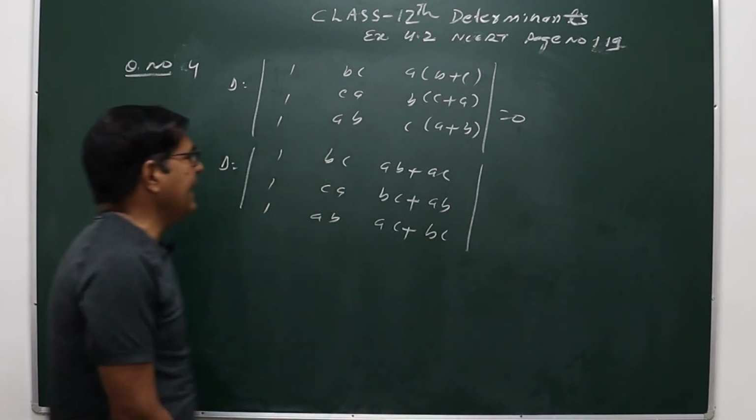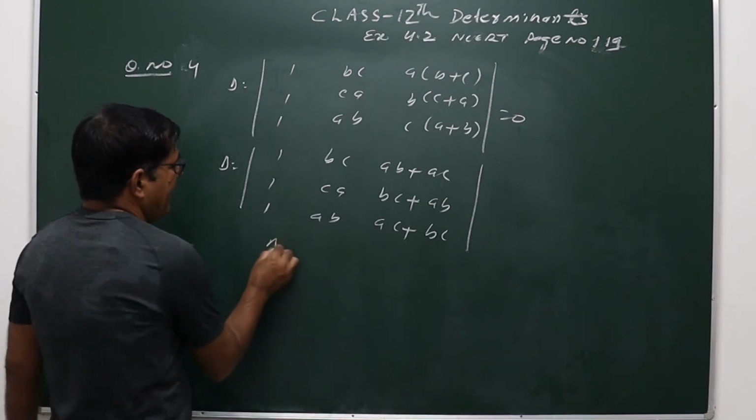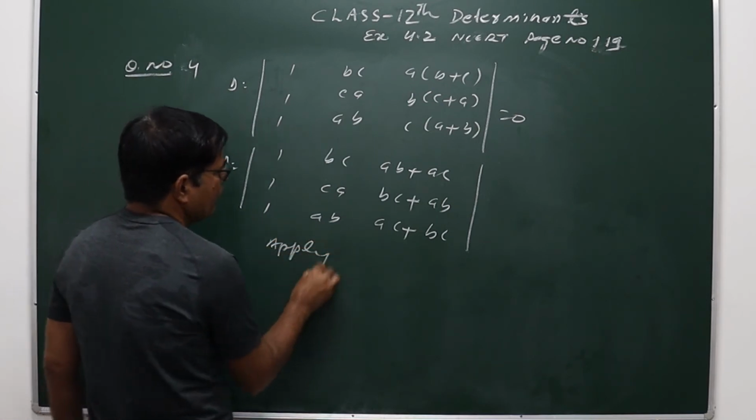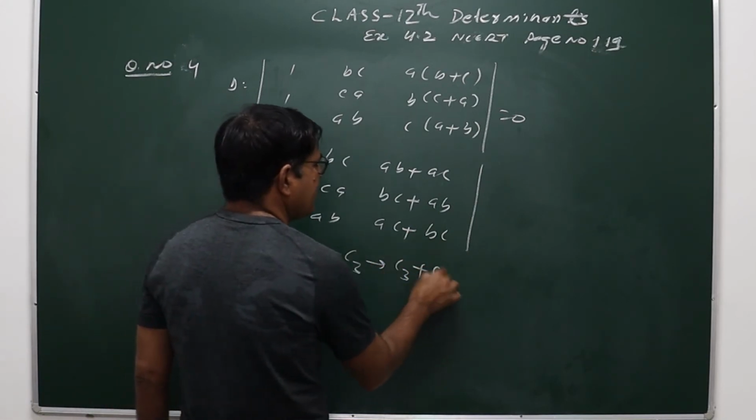Now look, AB plus BC plus CA, applying C3 tends to C3 plus C2.